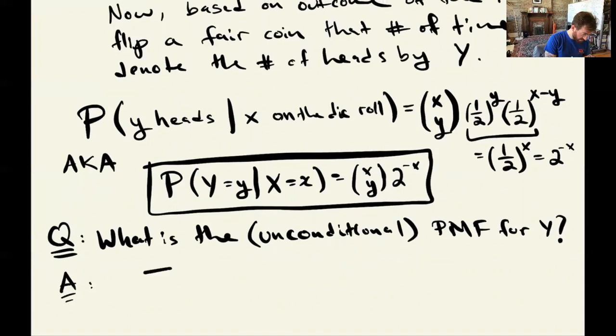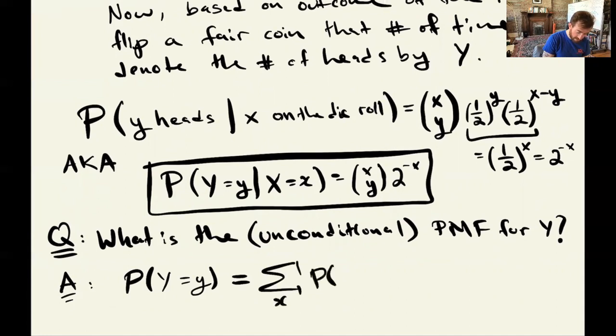We need to consider the sum. Probability that y equals a specific value, little y, is given by the sum over little x of the probability that y equals little y, given that capital X equals little x, times the probability that capital X equals little x.